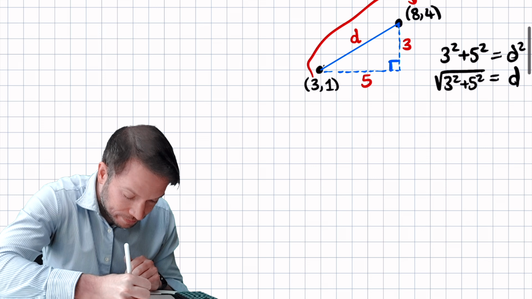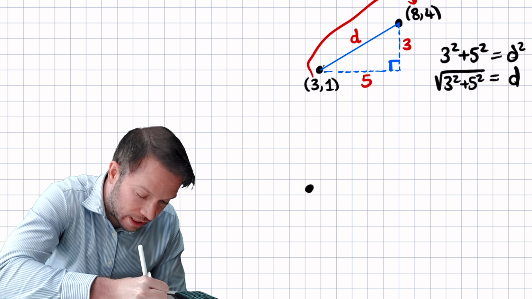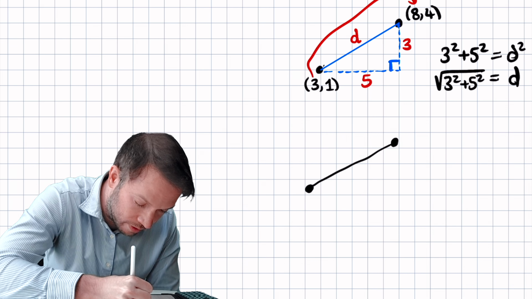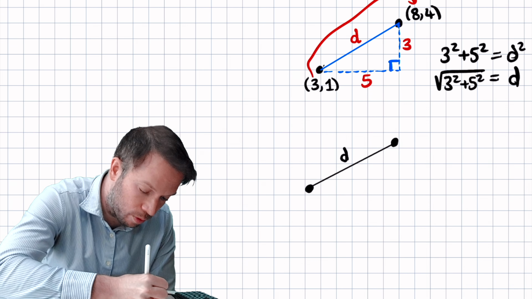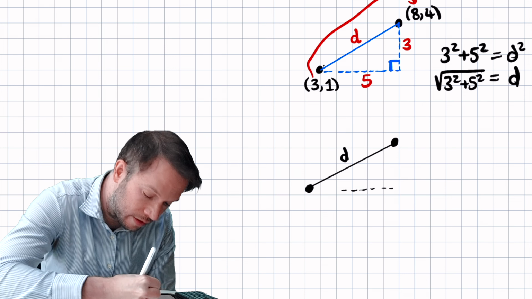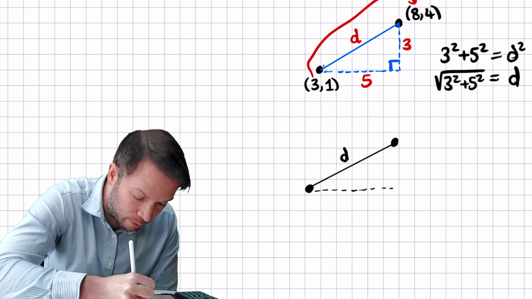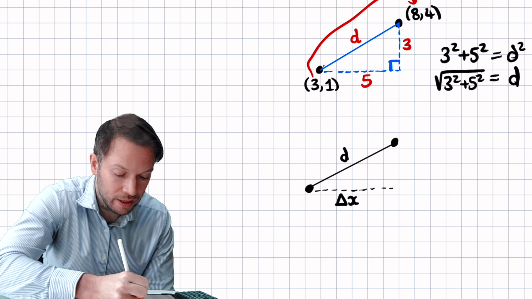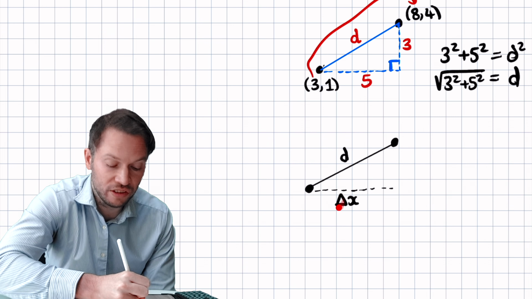Now, more generally, if we have 2 points and we want to find the distance between them, the distance d, then what we do is we find this change in the x value. We can use a Greek letter here. The change in x, that's the Greek letter delta. It looks like a triangle. It just means change in.